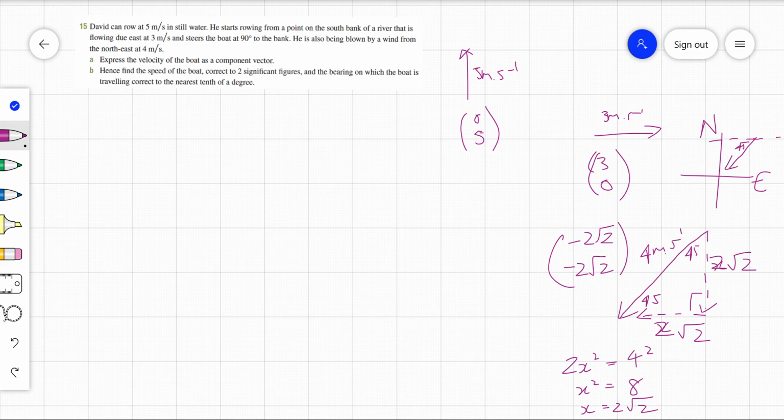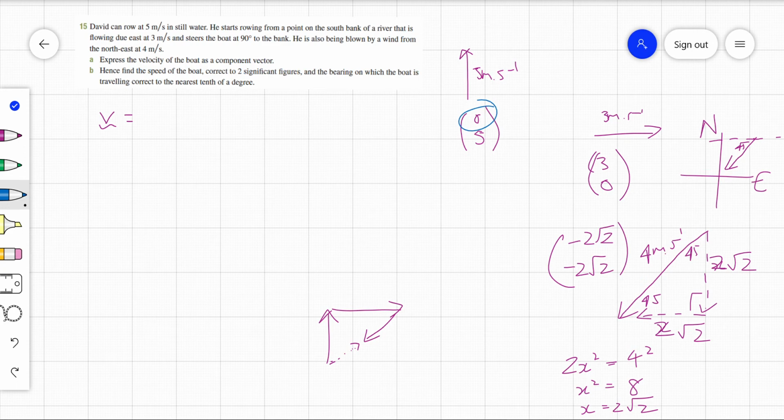So if we talk about the actual boat, what direction this boat is going in, let's have a look. Let's say the boat is vector v for its velocity. If we put all those together, we've got the up one, and then the across, and then the down. So you know it's heading somewhere up that way. So we just put all those together. In the horizontal component, I'll look at all the horizontal numbers.